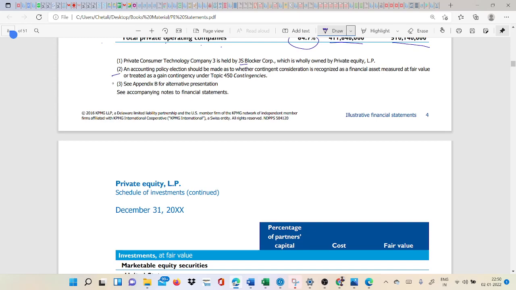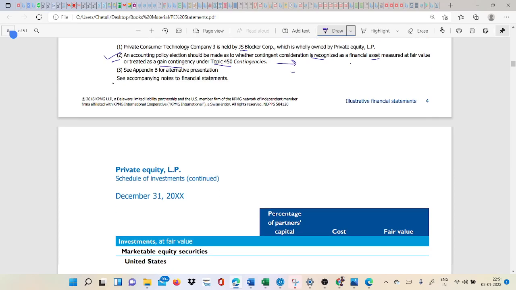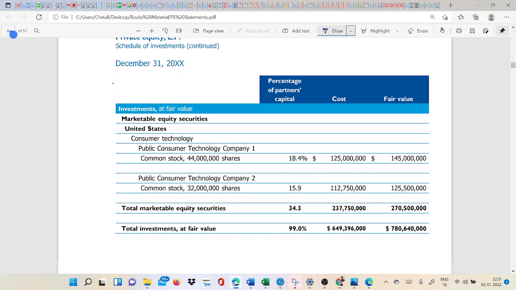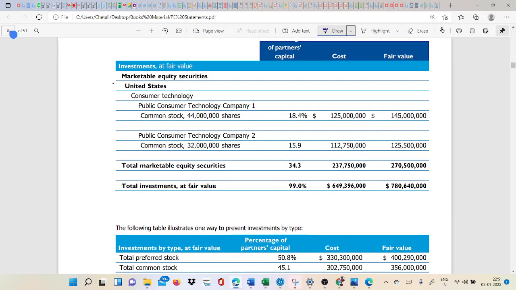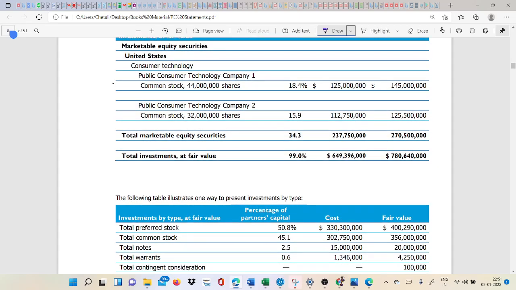An accounting policy election should be made as to whether the contingent consideration is recognized as a financial asset, okay, measured at fair value or treated as a gain contingency under the topic 450 contingencies. So this is continued from the above one.